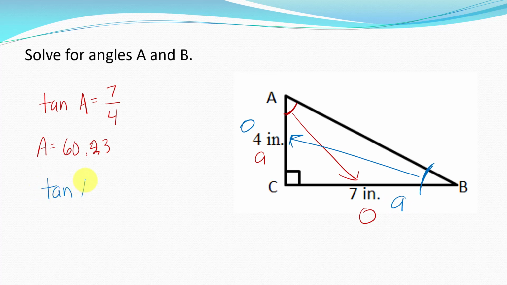So tangent of B is going to be 4 over 7. Do 4 divided by 7, inverse, second key, then tangent, and you're going to get a B value of, I got 29.7448. So we'll just write down 29.7.